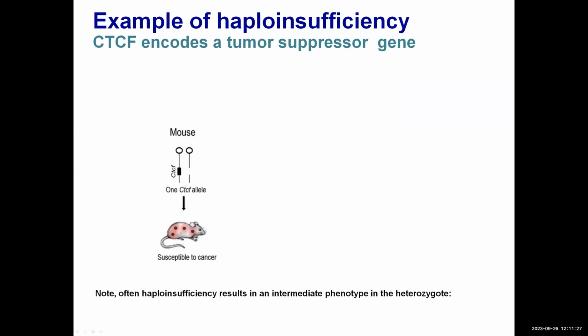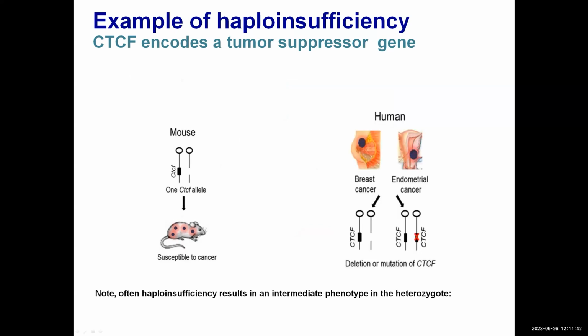For tumor suppressor genes, this is not usually the case. Most of the time, haploinsufficiency results in what's called an intermediate phenotype in the heterozygote. In the case of most mutations in things like repair genes, this creates some problems with being able to repair the DNA.